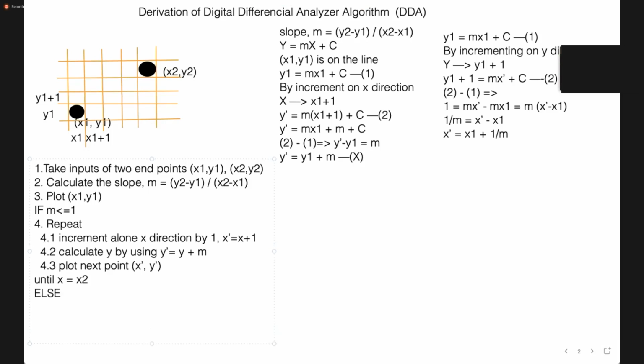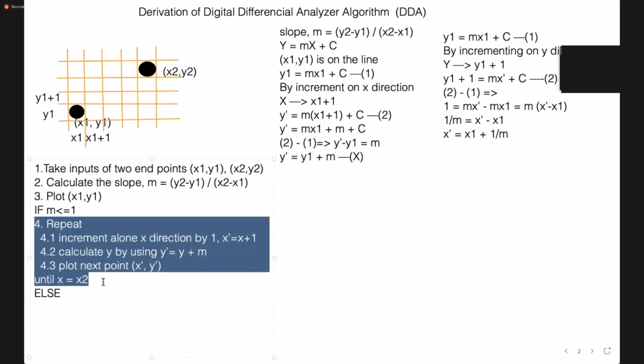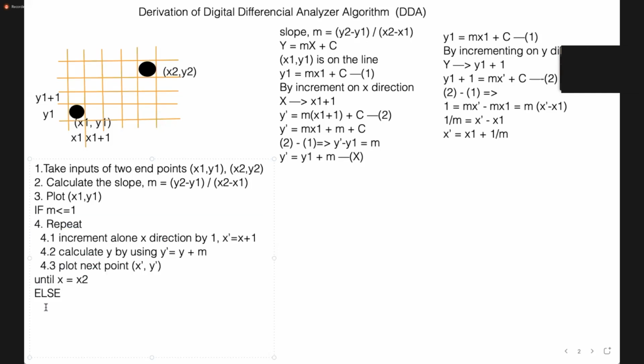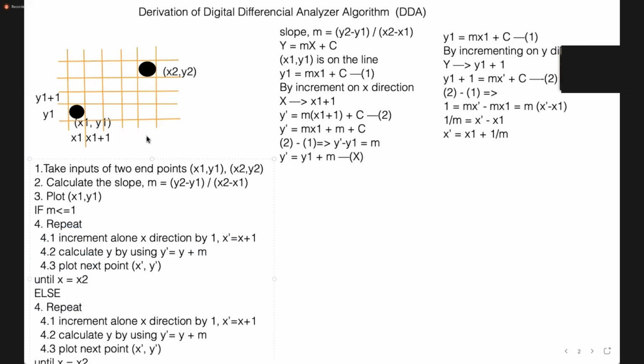Else, what we have to do? Else we have to go for this one. We have to repeat the same thing again, but we have to approach it in a different way. Let me take this one up.